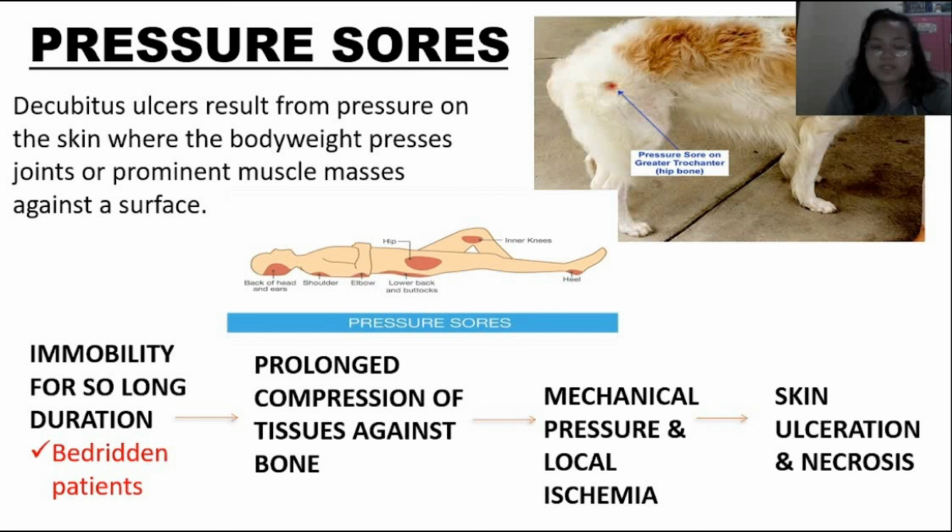So what happens? There will be prolonged compression of tissues against a bone that would lead to mechanical and local ischemia. Once there is ischemia, that leads to hypoxia, skin ulceration, and necrosis. So this is the process of pressure sore.